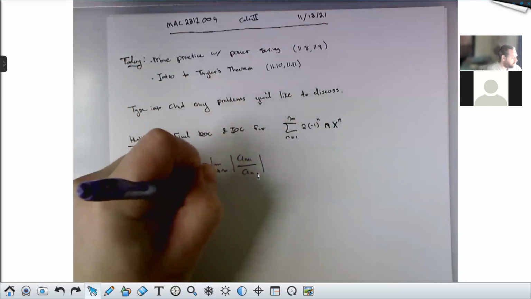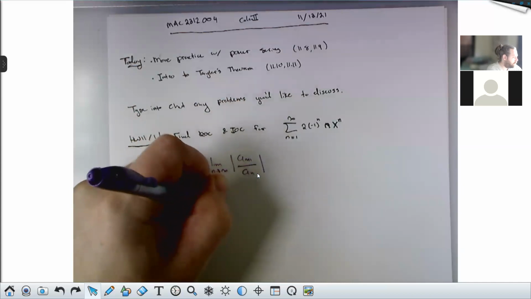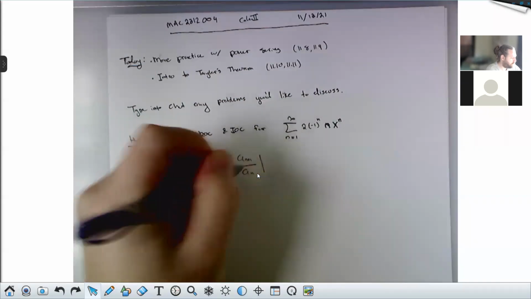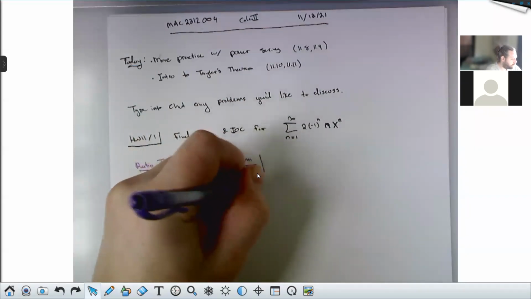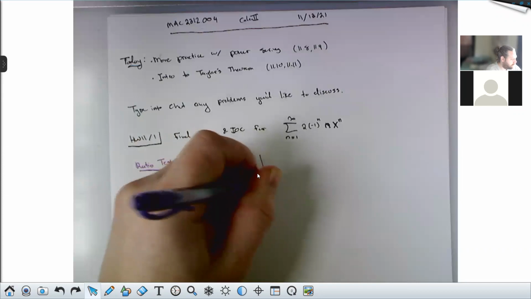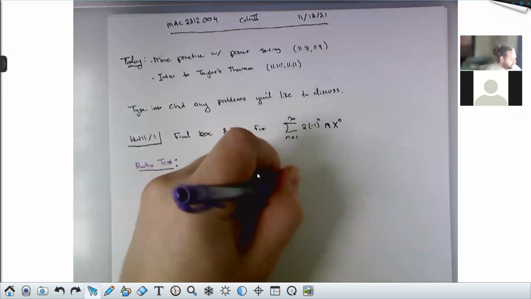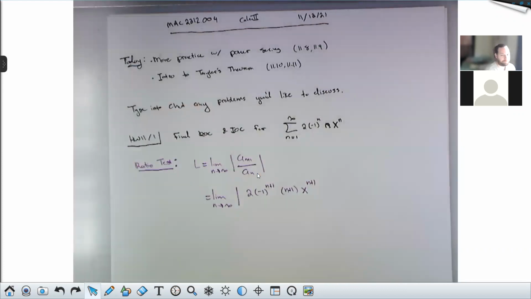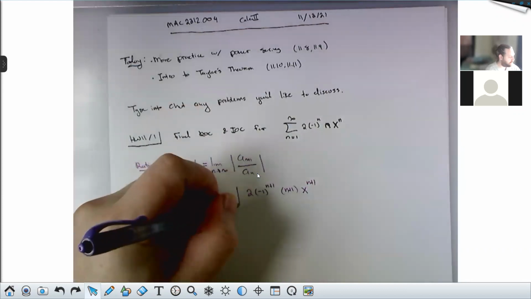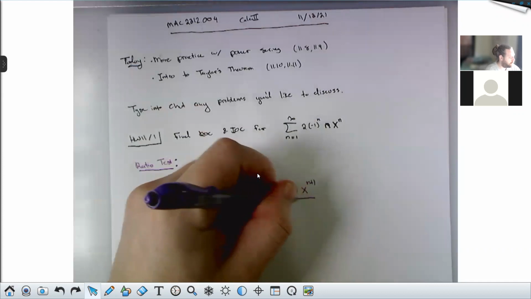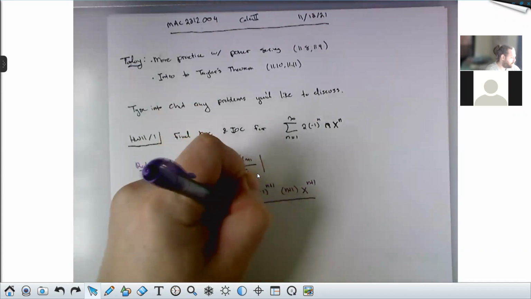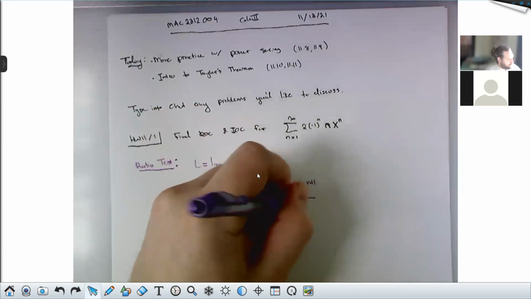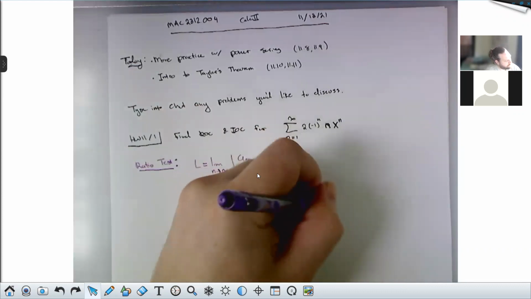So here, that limit is lim n to infinity, absolute value of, here's a_(n+1). And I need to divide by a_n.